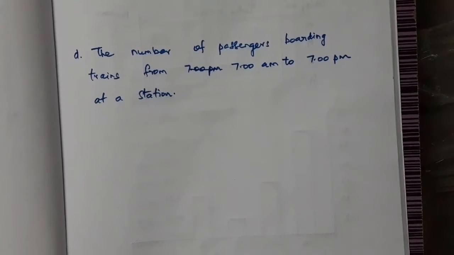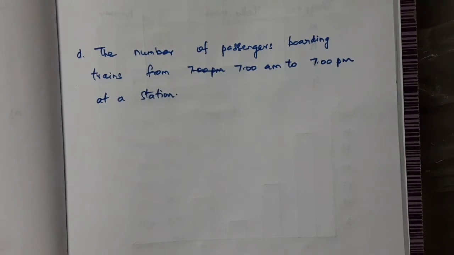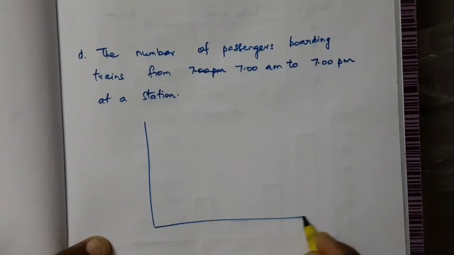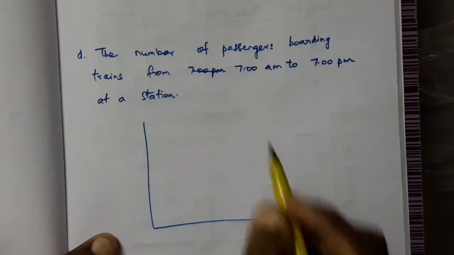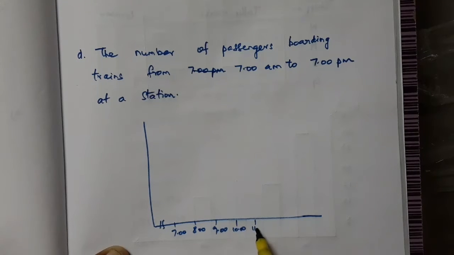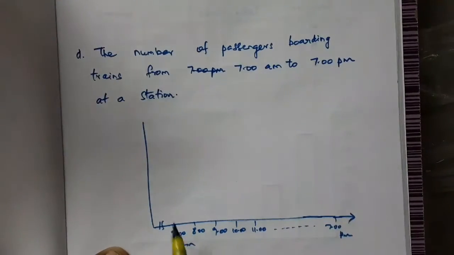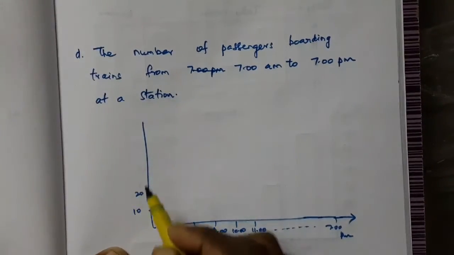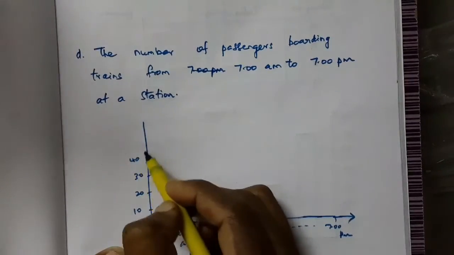And the last one is the number of passengers boarding trains from 7 am to 7 pm at a station. Here we can easily make class intervals, starting from 7, 8, 9, 10, 11, and likewise we can mark up to 7 pm, marking am and pm. Then we can say how many passengers travel, say 10, 20, 30, 40, 50.